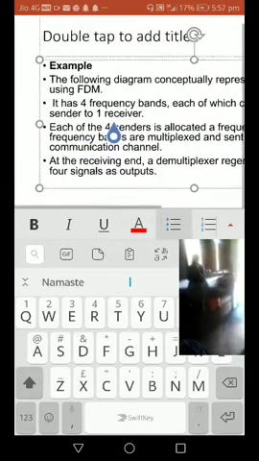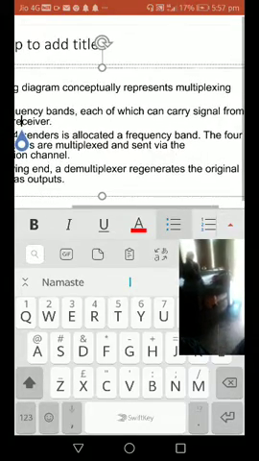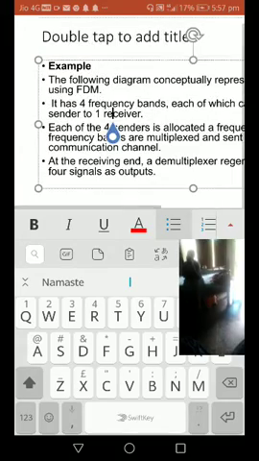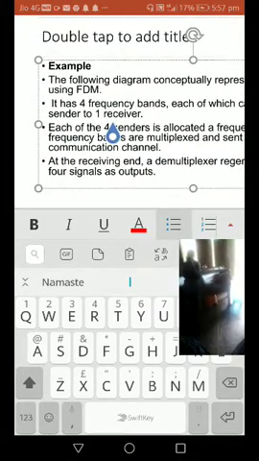The four frequency bands are multiplexed and sent via the communication channel. One band is sent for the first user.